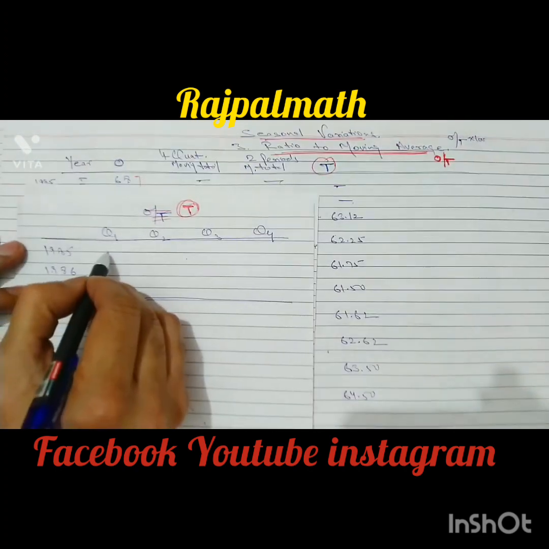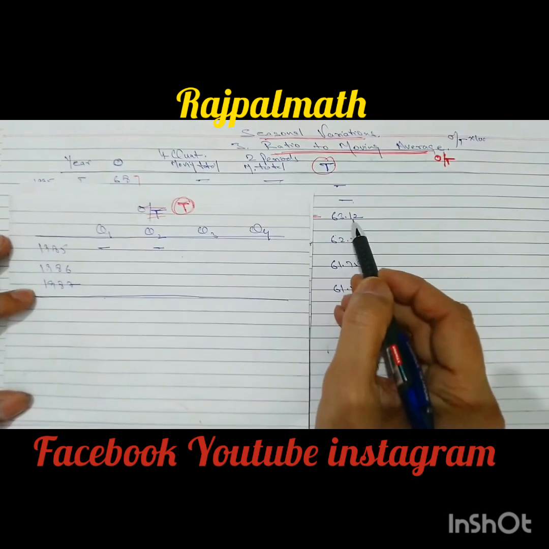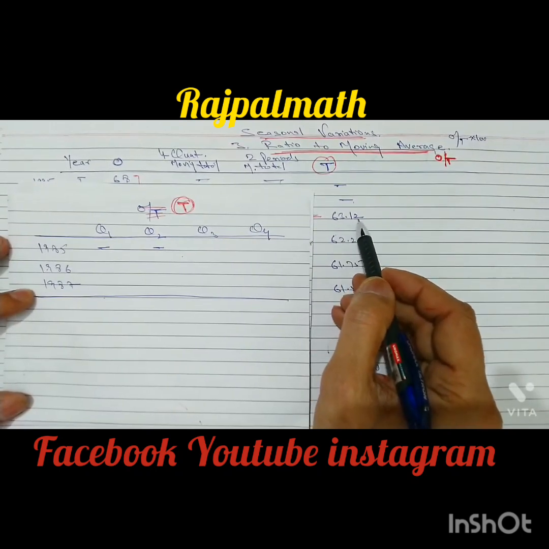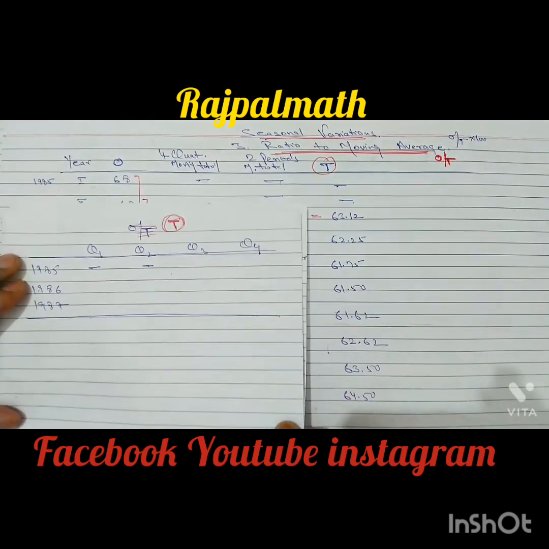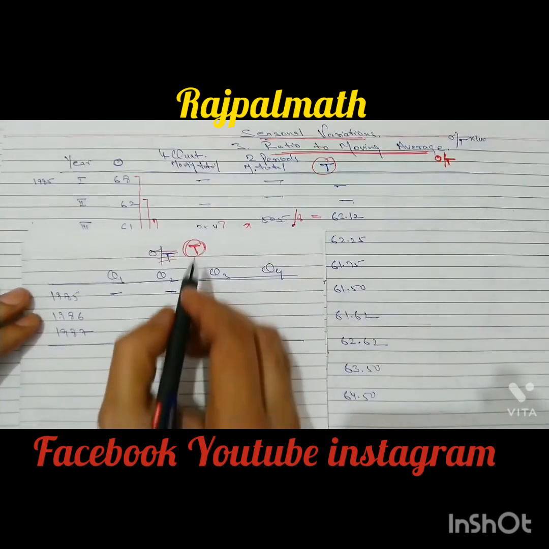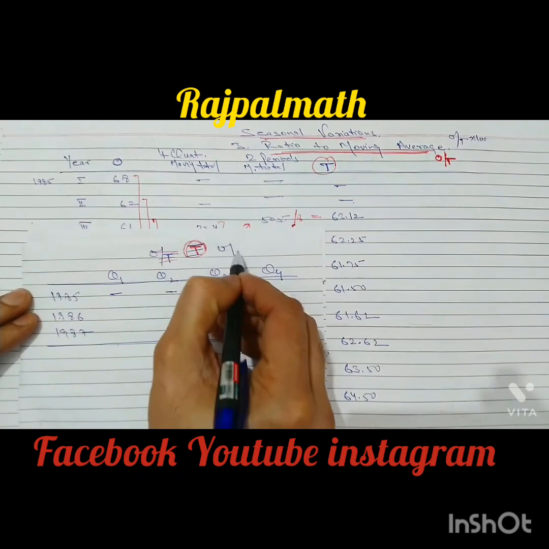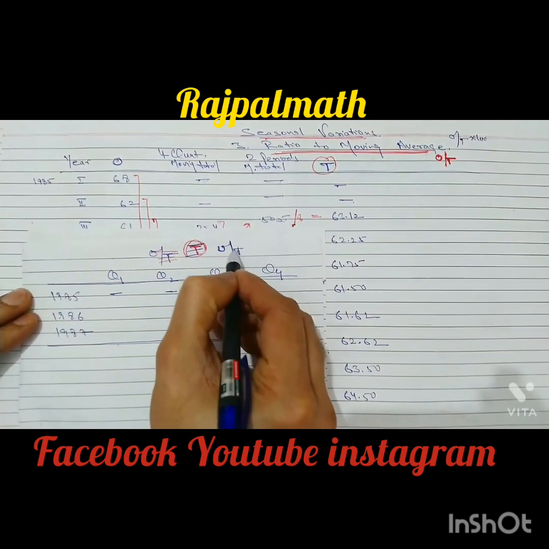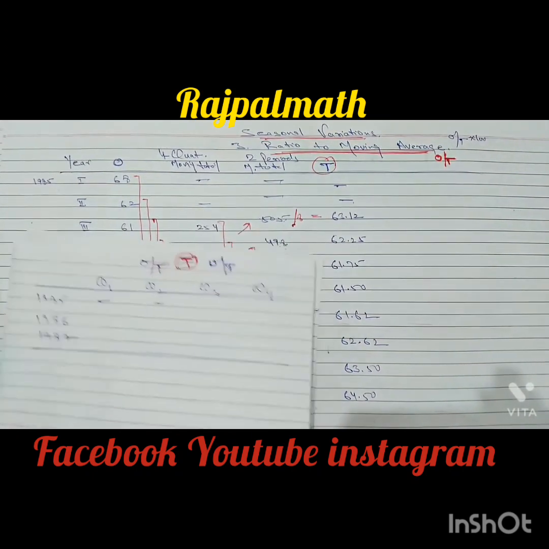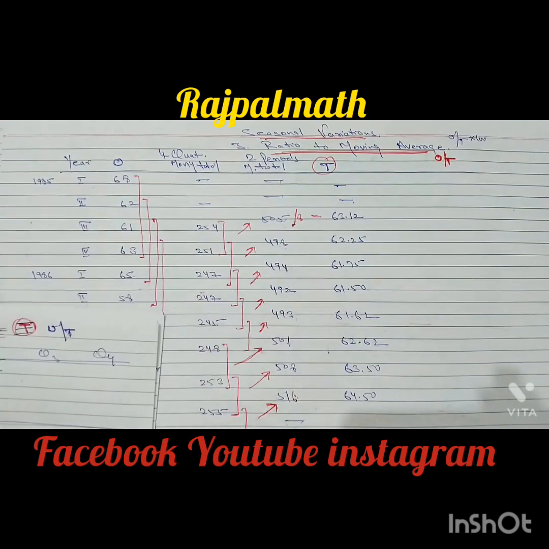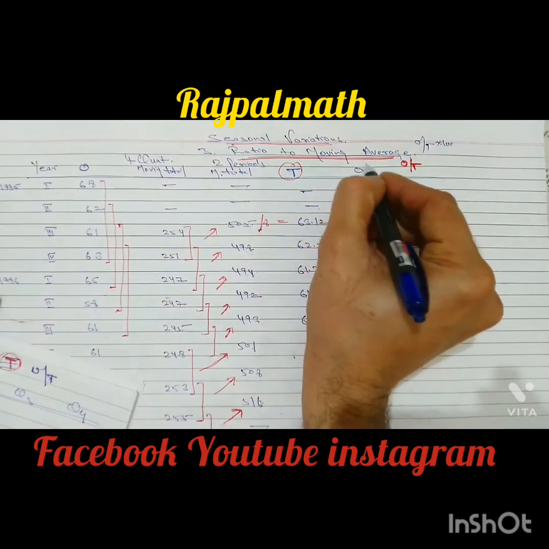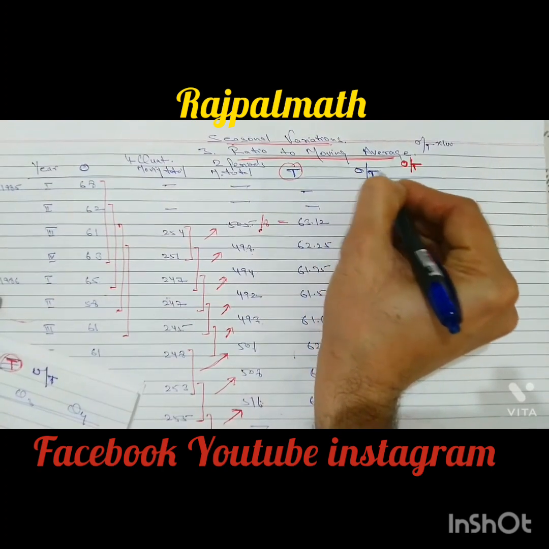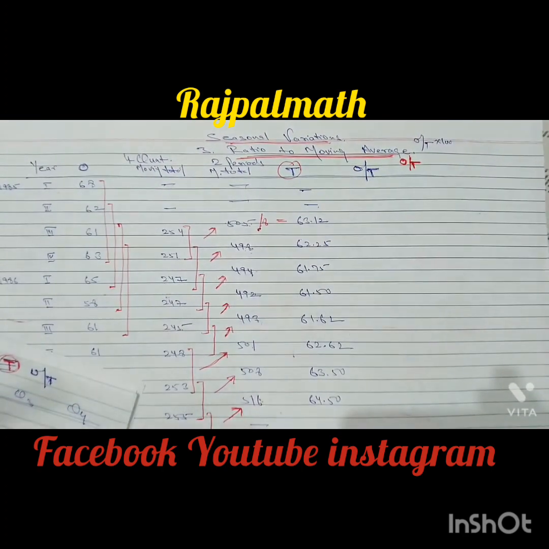For the next quarter, 63.12. This is the O by T table, right? Here we skipped one step. First we have to calculate the O by T value.